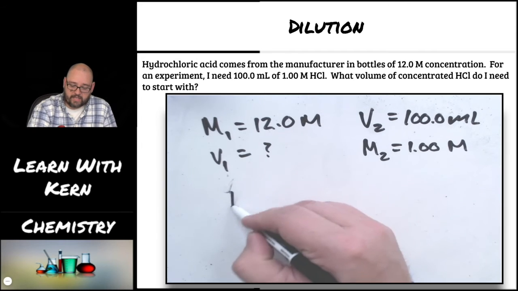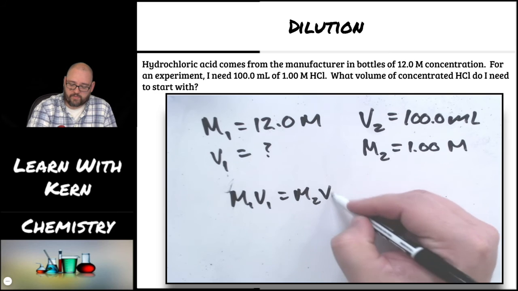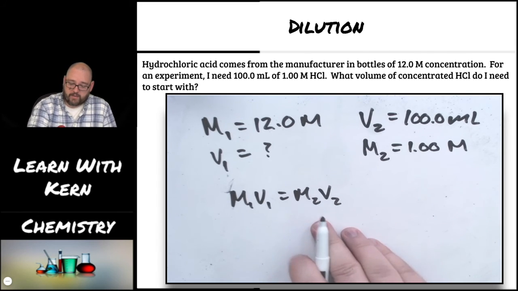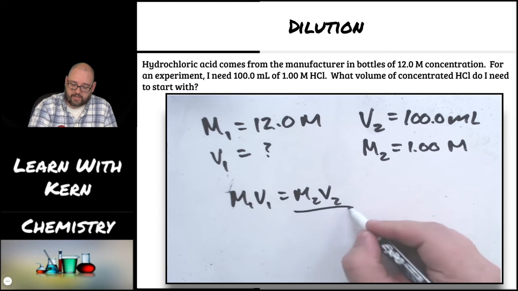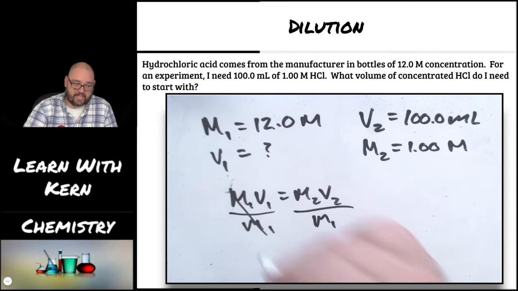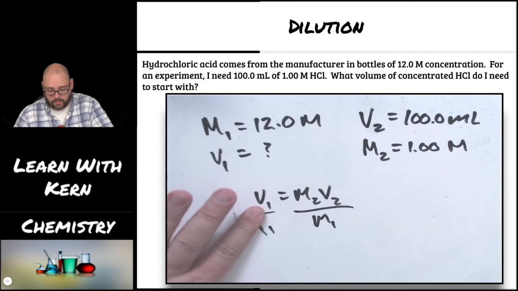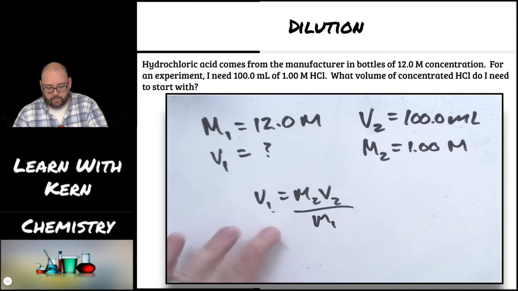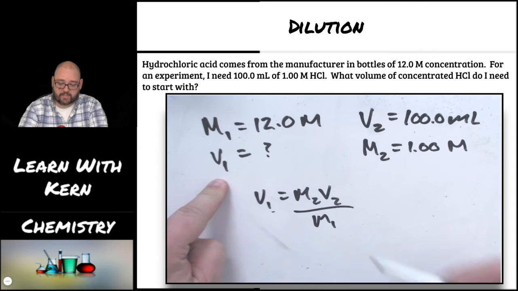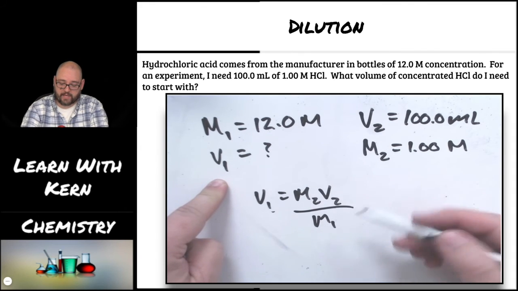Okay, so if I know that M1V1 equals M2V2, then all I'm going to do to find my V1 here is divide by M1 on both sides so that they cancel out. So my V1, the volume of my concentrated amount that I'm looking for, is going to be the multiplication of that divided by that molarity.